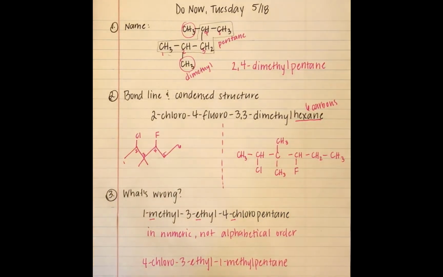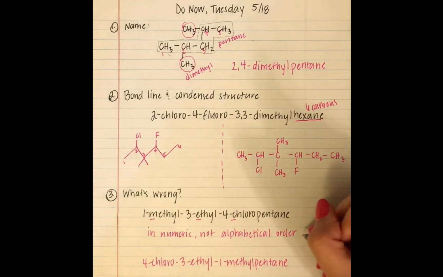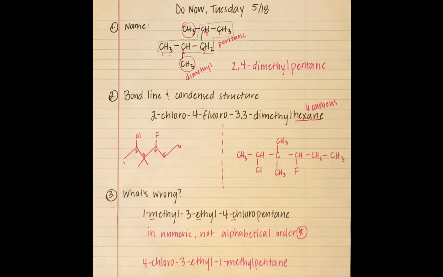So your prefixes, your substituents, always need to be in alphabetical order. Now we didn't actually have any prefixes here to worry about. Remember, di, tri, those are not included. The only prefix that you count when you're alphabetizing is iso. So here's our answer for number 3.